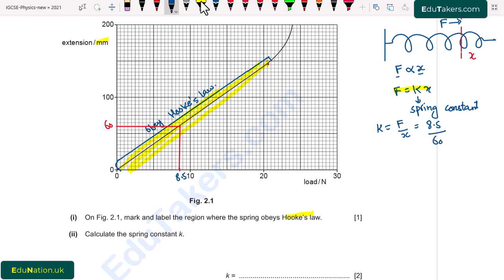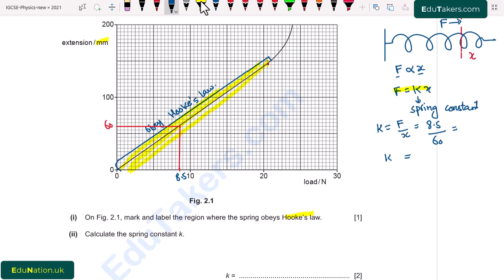So I write here 60, and when I divide it, it comes to be 0.14.